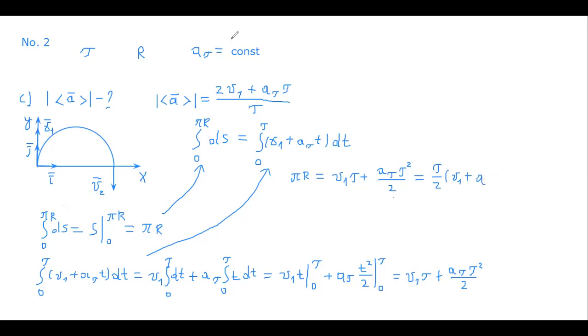No, v1, sorry, this is a mistake. v1 plus a tau. Okay, this is the same. And what can we get from this? From this we can get that double v1 plus, yes.